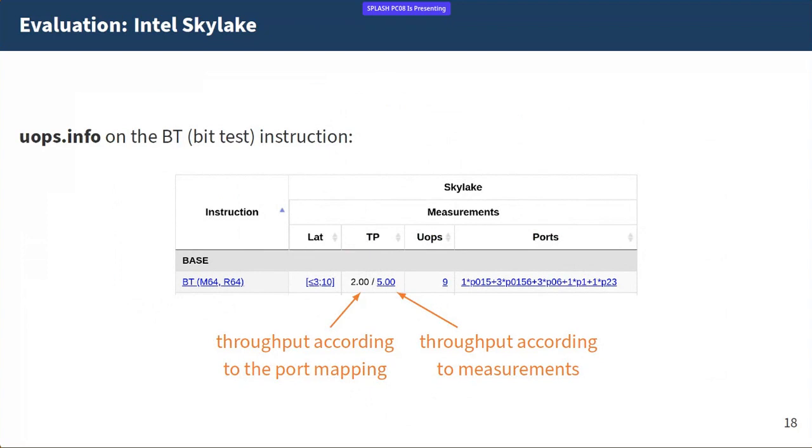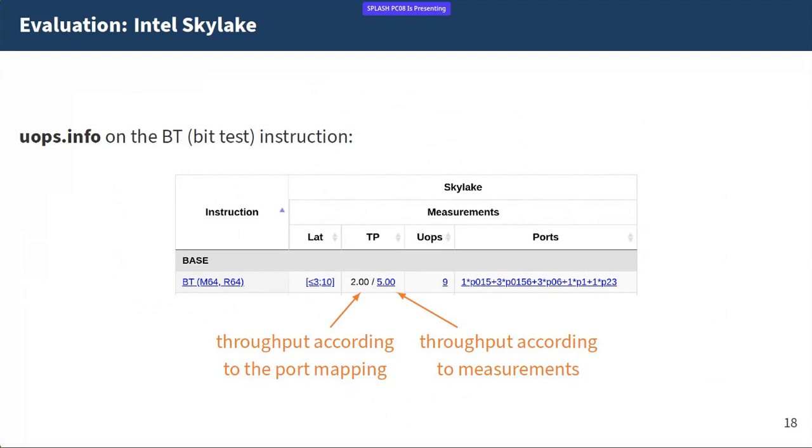Because for these bit test instructions, you can find that the throughput according to the port mapping here on the left in the TP column, so the required number of cycles, is considerably lower than the throughput according to the actual measurements. So they observed also that the execution is slower than what you would expect from the port usage itself.